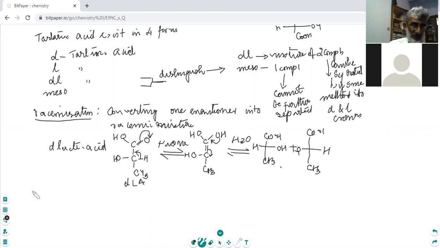That is resolution. I told you DL mixture is a mixture. Mixtures can be separated, and therefore DL mixture can be separated into D and L form.